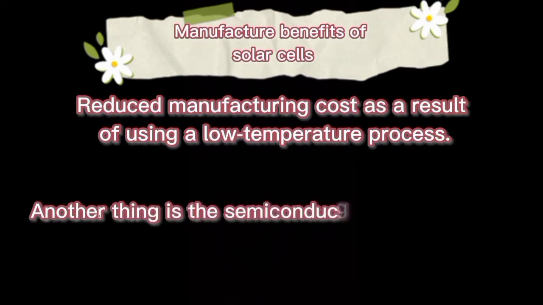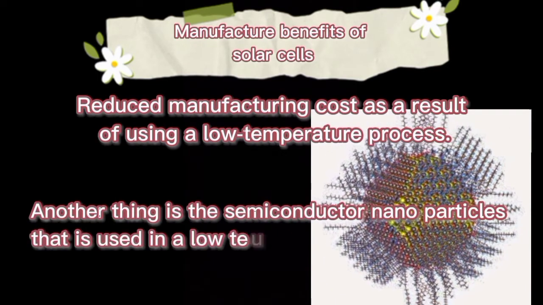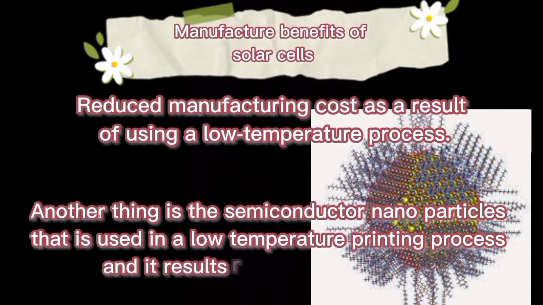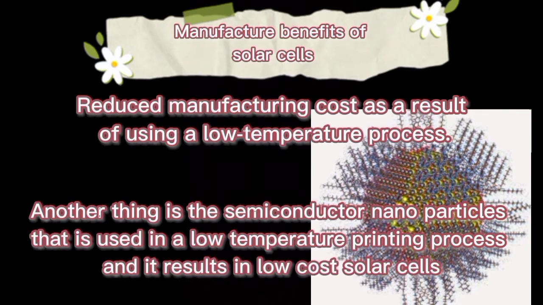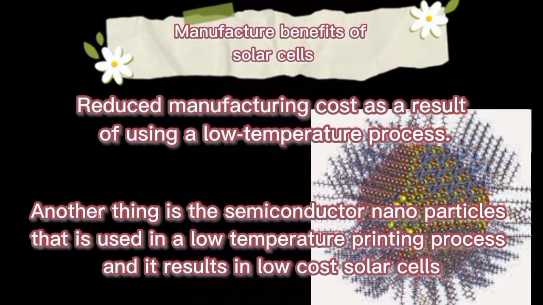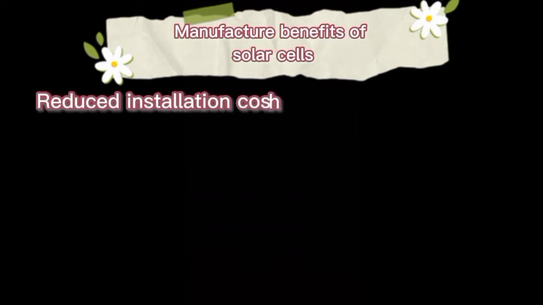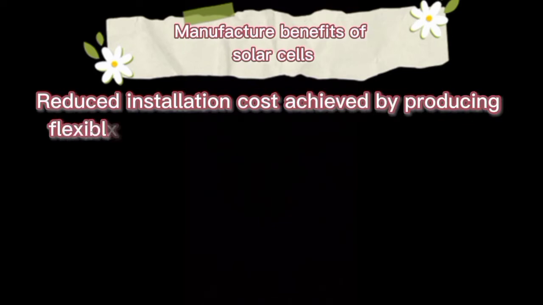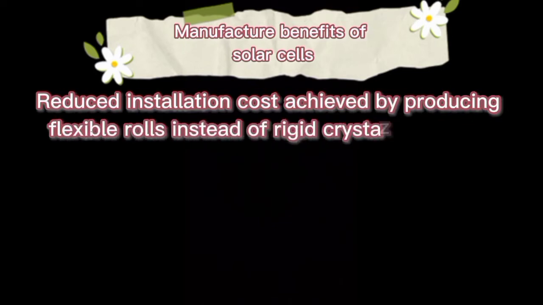Another thing is the semiconductor nanoparticles that are used in a low temperature printing process, and it results in low cost solar cells. Second one is reduced installation costs achieved by producing flexible rolls instead of rigid crystalline panels.